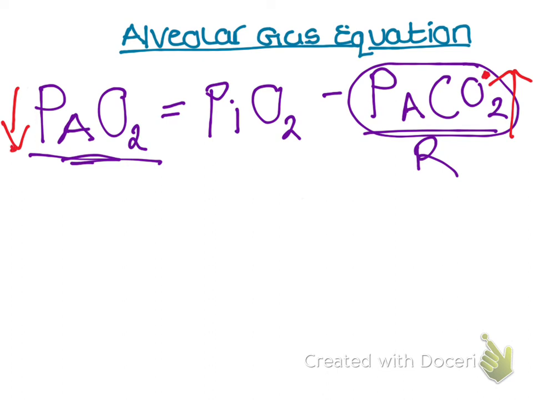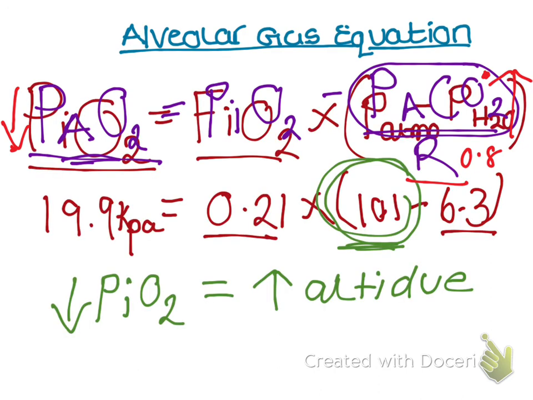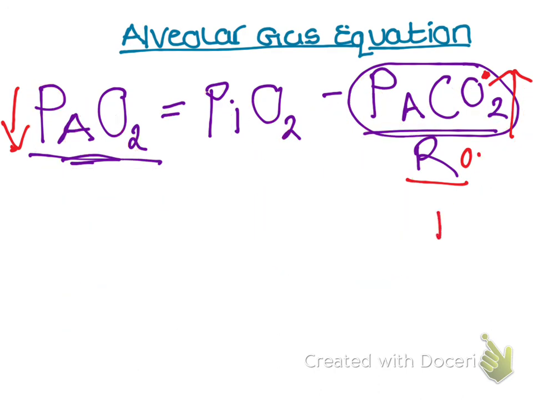The other thing that will affect this equation is your R, your respiratory quotient. As I mentioned, it's affected by diet. For normal purposes, we use a value of 0.8. But if the main substrate in the diet is carbohydrate, then we would say this is an R value of 1.